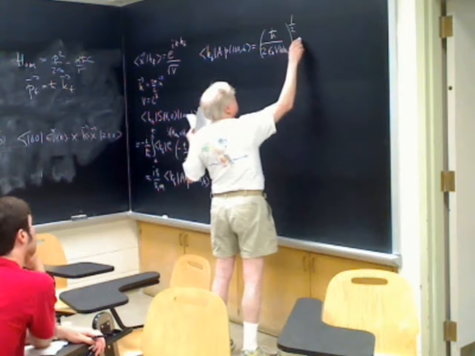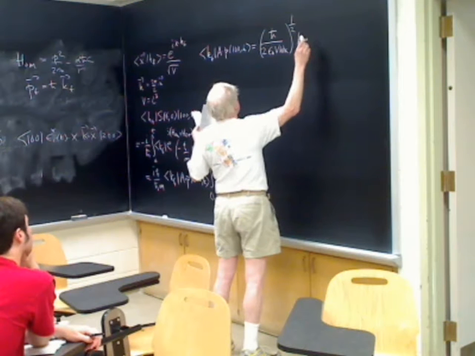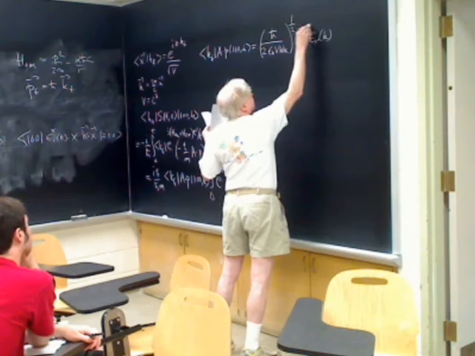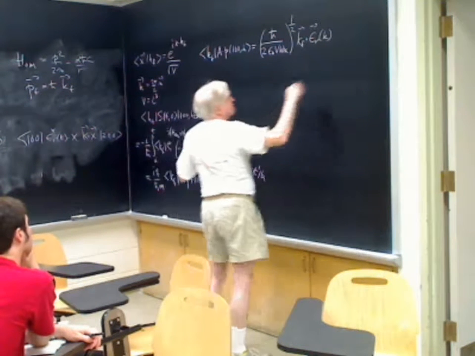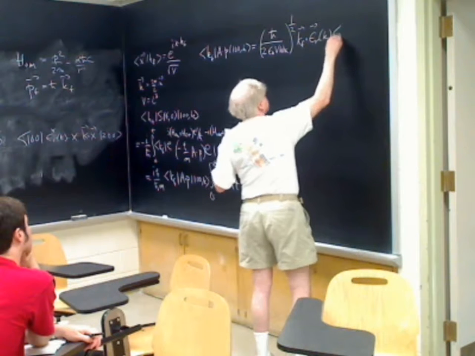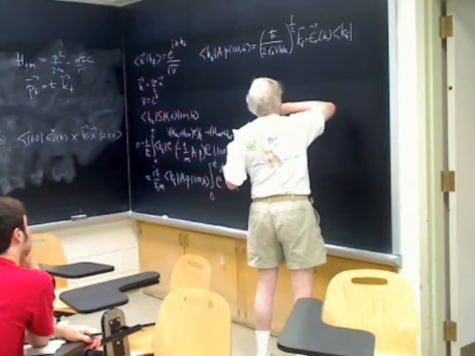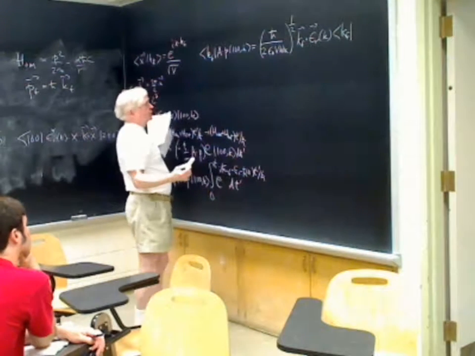Then there's going to be kf dot epsilon r of k. And now what's left is kf. The annihilation operator turns this into vacuum with just a factor of 1.